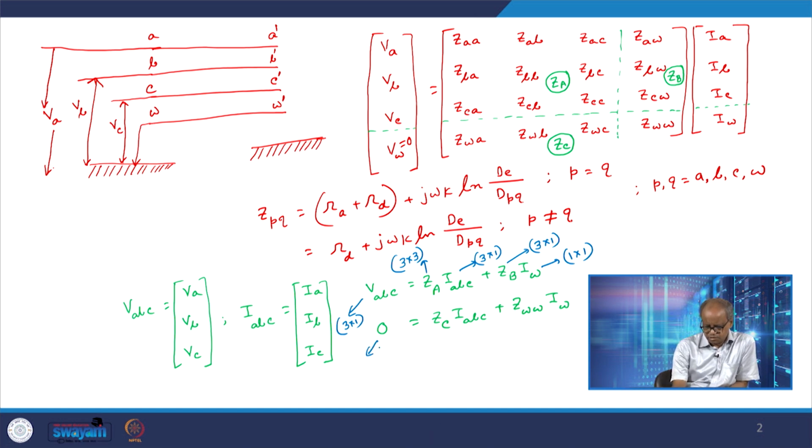This is 1 cross 3, and this is 3 cross 1, and both these quantities are scalar quantities, 1 cross 1.